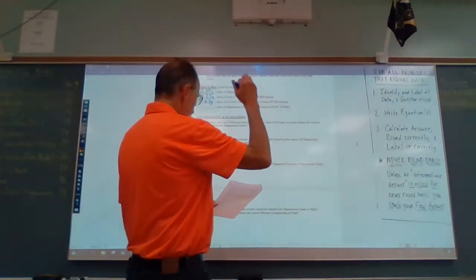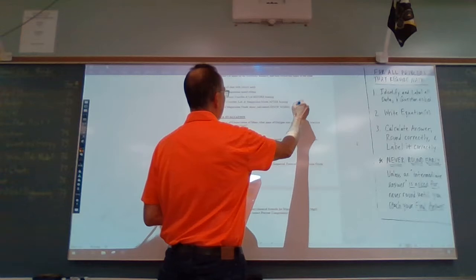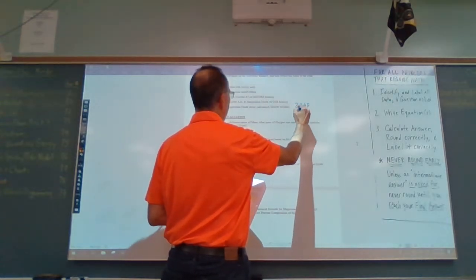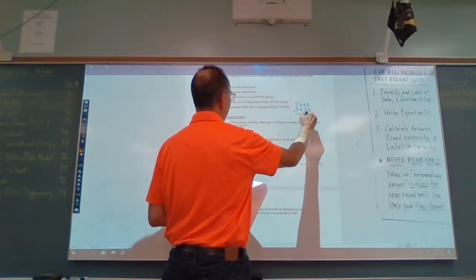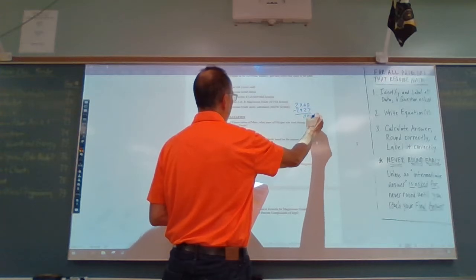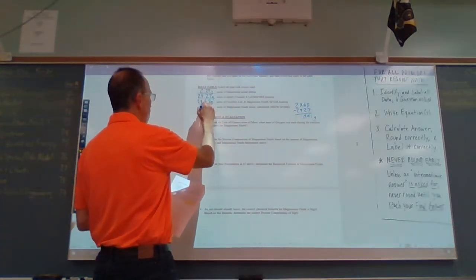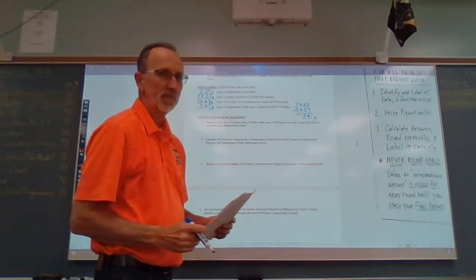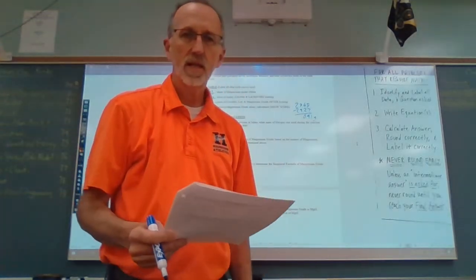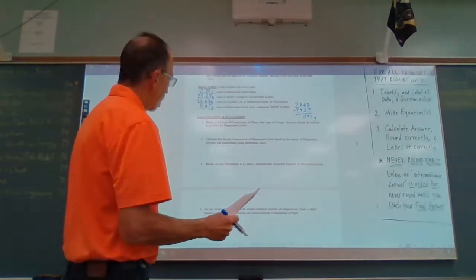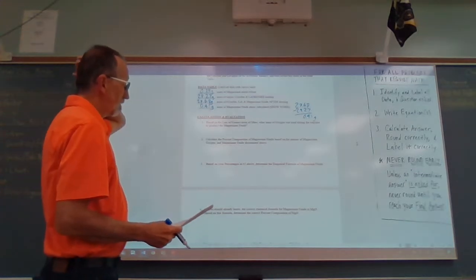And so 29.68 minus 29.27, 0.41 grams. 2 decimal places. Remember, we're keeping our precision level the same. Okay, so now, under calculations and evaluation.